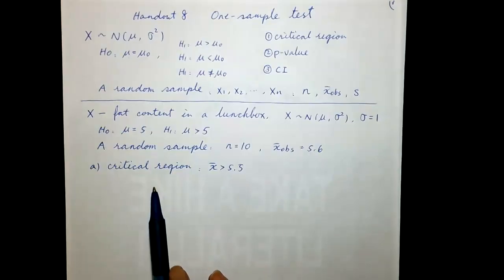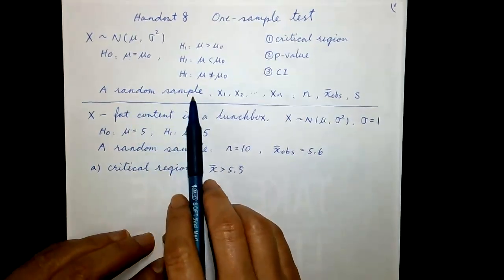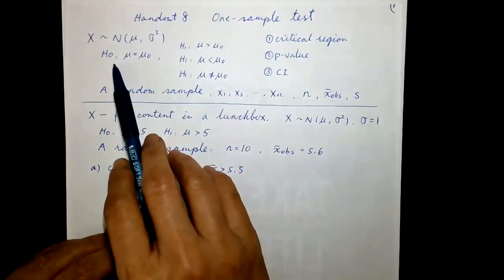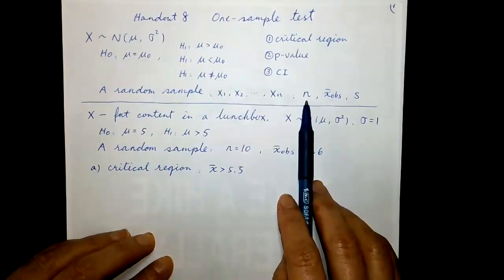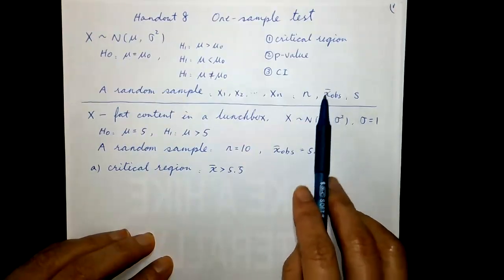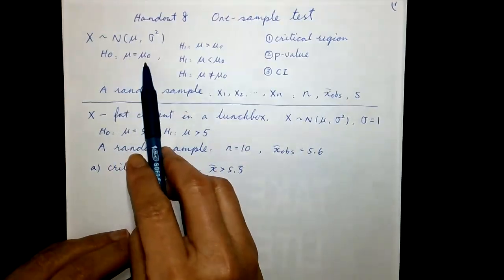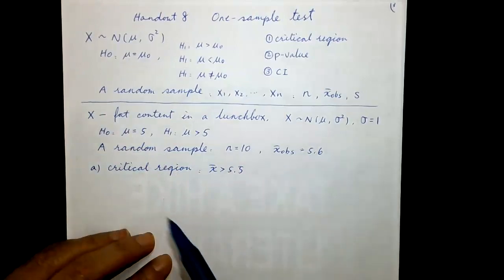So the critical region is definitely an interval. How do you judge if a random sample is too bad in supporting H naught? You look at n, definitely not. You look at the sample mean. So if the sample mean is not supporting H naught, then you reject H naught. As simple as that.